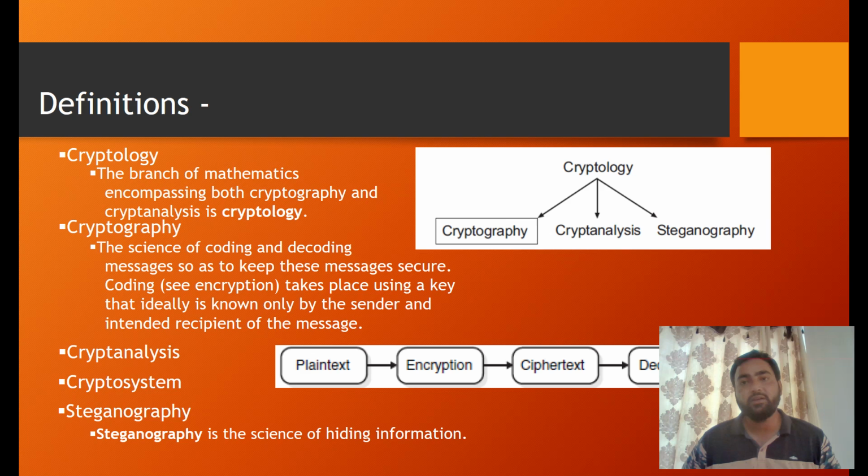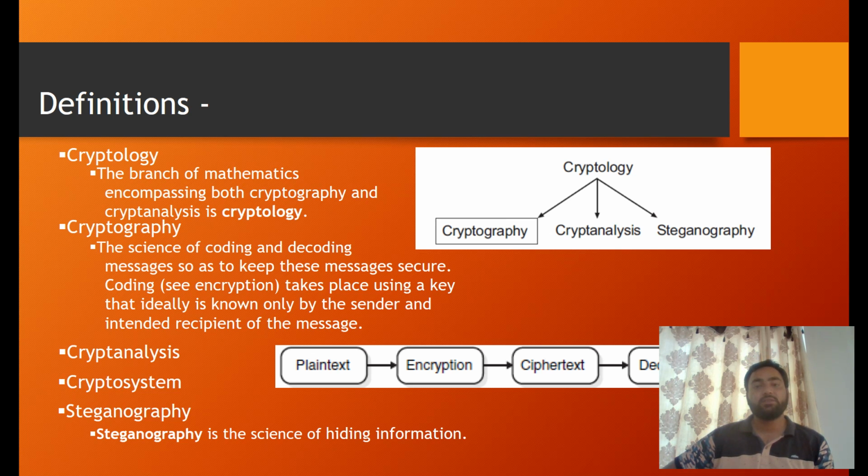Cryptanalysis is the part of the encryption scheme which deals with the analysis of various algorithms and procedures that are used for encryption and for protection of your data, messages, and information over the network.